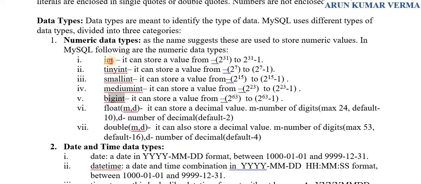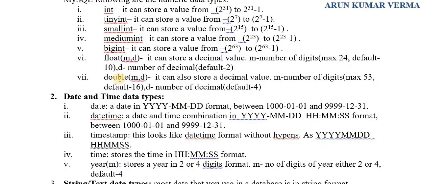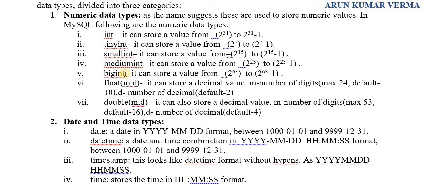For example, the range of int is minus 2 to the power 31 to 2 to the power 31 minus 1. Tinyint is minus 2 to the power 7 to 2 to the power 7 minus 1. Bigint is the largest data type to store integer values, with the highest range, minus 2 to the power 63 to 2 to the power 63 minus 1.